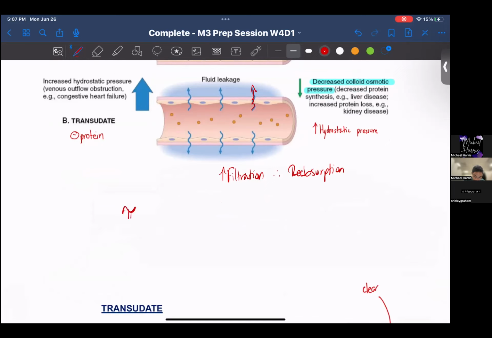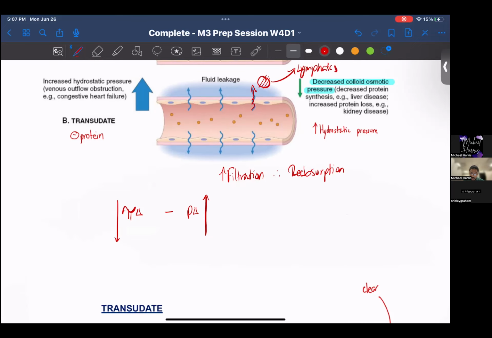Where the oncotic pressure difference minus the hydrostatic pressure difference. Okay. This is the thing that brings fluid in. This is the thing that pushes fluid out. And essentially, you should have just a little bit left inside the tissue, which is then brought back in via the lymphatics.